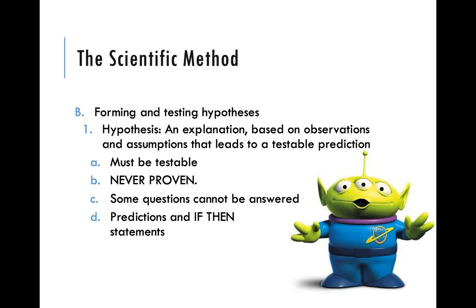And you also cannot test every future situation to which that hypothesis applies. So a hypothesis supports but does not prove. This is really important, because if you say to me in your conclusions in your lab write-ups that your hypothesis proves something, I'm going to take off points. So make note of that.